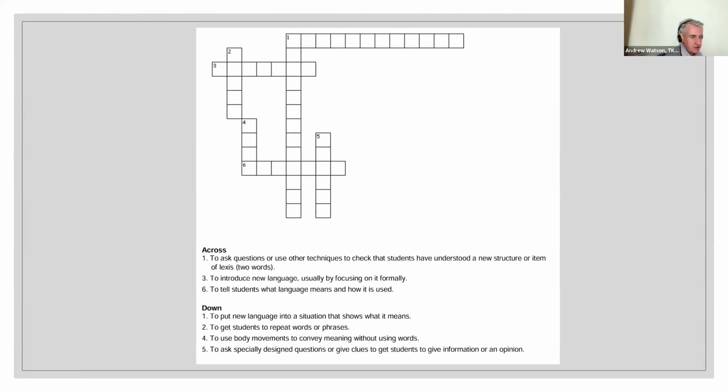And I'm sure some of you have done number 5 down as well if you've been teachers. Begins with E. So number 5 down will be elicit. Yes, number 4 would be mime. Good.